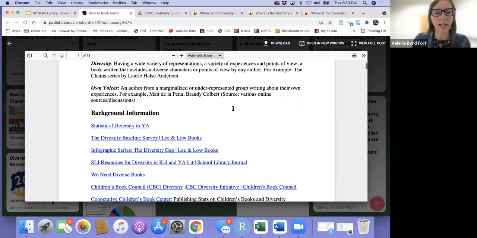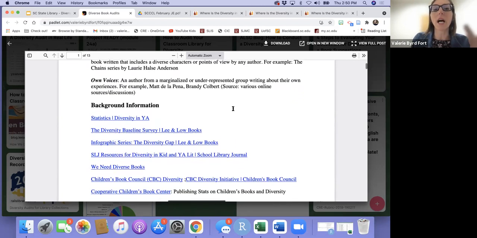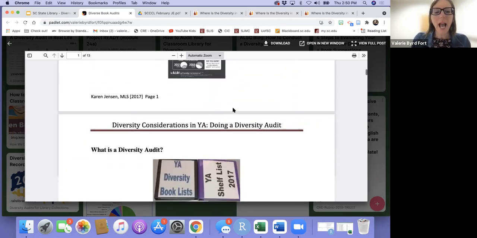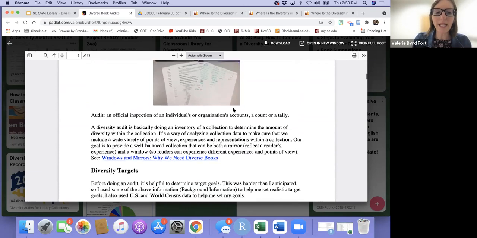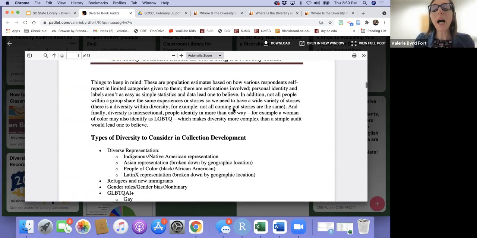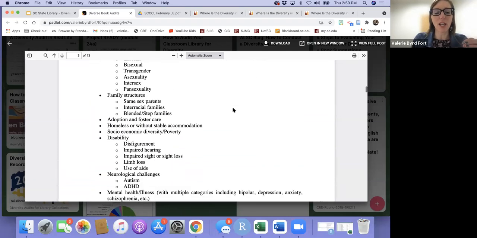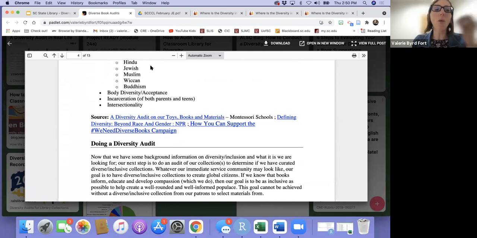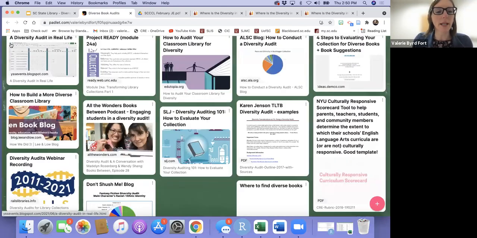That could be incorrect, but this is focused on young adults. She includes some links, talks about what it is, and goes into a lot of very detailed information. She gives you her spreadsheet and talks about what she looked for in her collection development. So I think that is another great starting point.